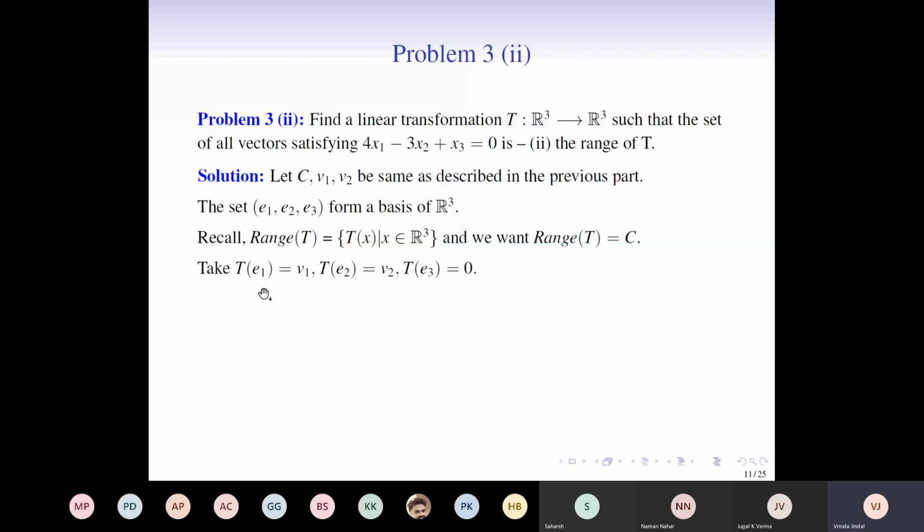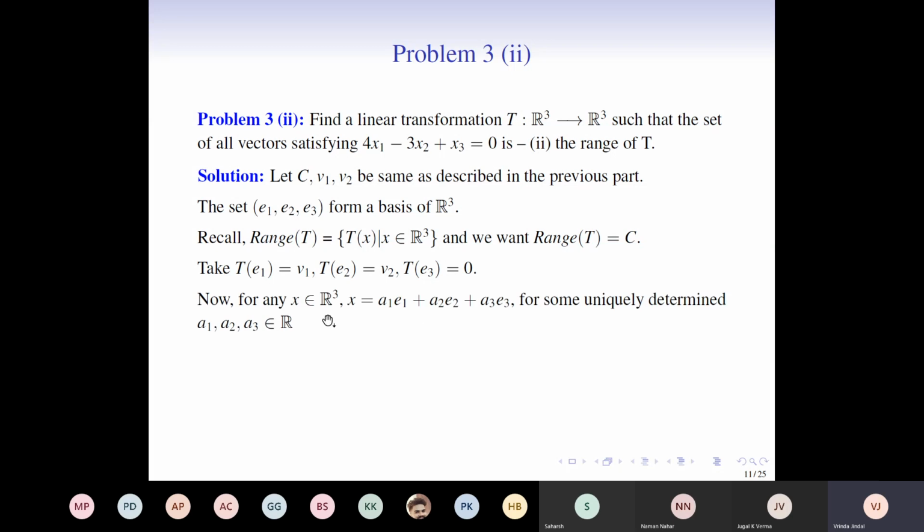So what do we do? We take T of E1 as I had described earlier: if you have a basis for the domain of T and you define T of all of that basis, then you have uniquely determined T, as was done in the last exercise.